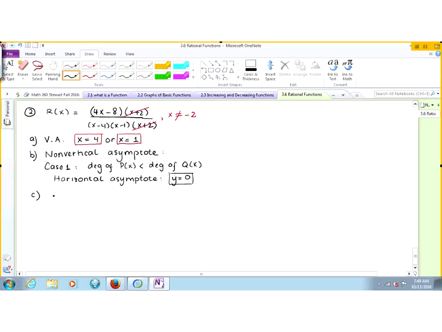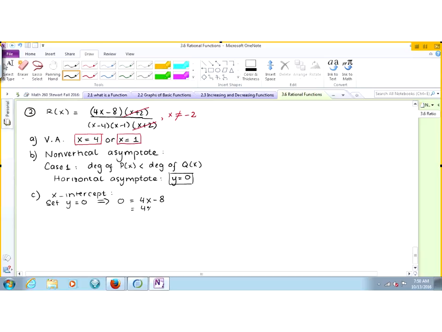Now, C, x-intercept. So how do I find the x-intercept? Set y equal to 0. Okay. So when y is 0, which one is 0, the top or the bottom? No, only the top.